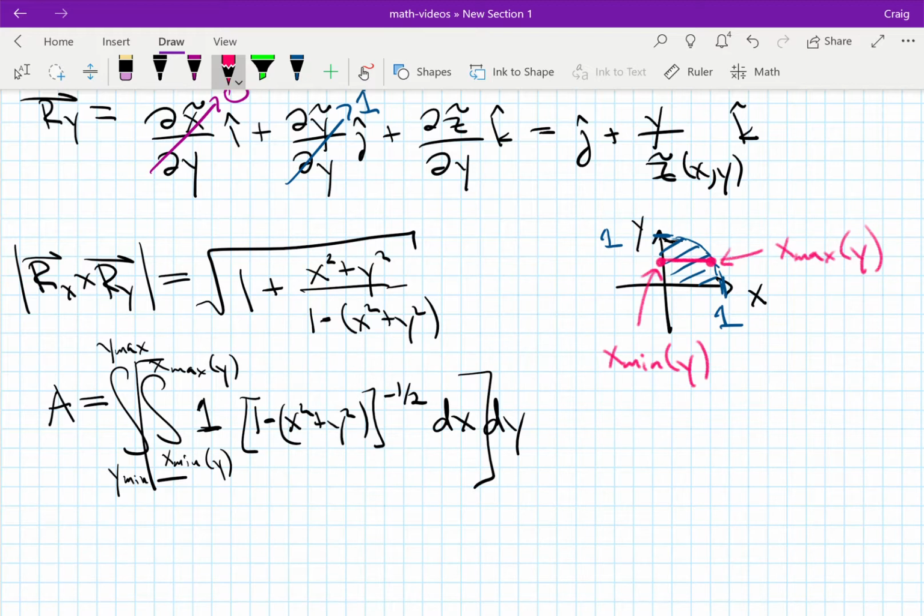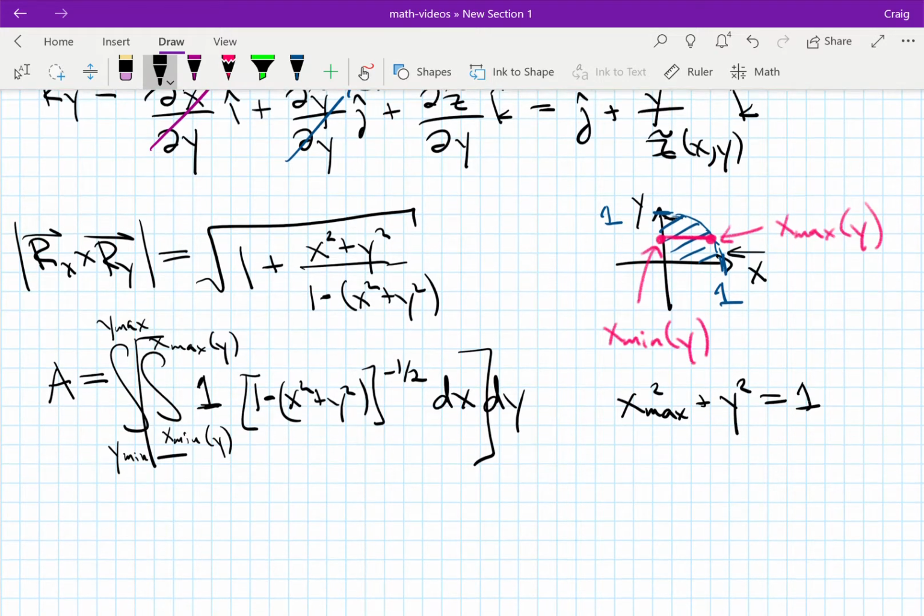And so I know that I can write x. This arc right here is a circle, so x max squared plus y squared has to add up to 1.